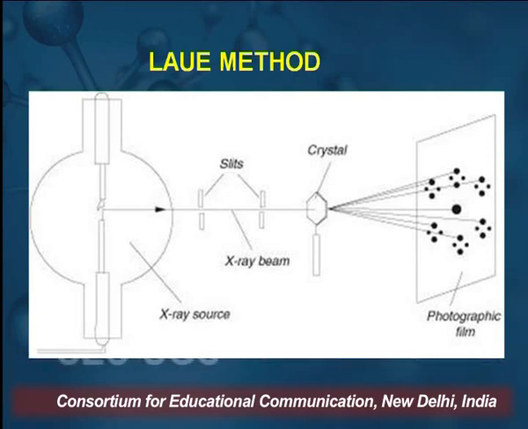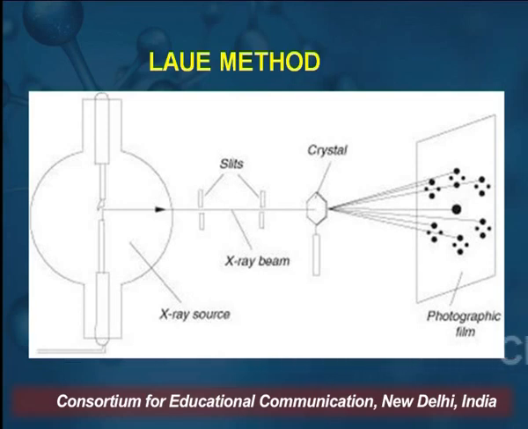But here the diffraction grating is replaced with the crystal, because the wavelength of the X-ray is very low as compared to the other light sources we use. So to get the diffraction pattern we use the crystal, and the X-ray falls upon this crystal, and we can get the diffraction pattern.